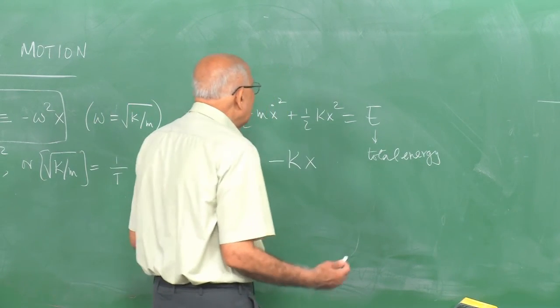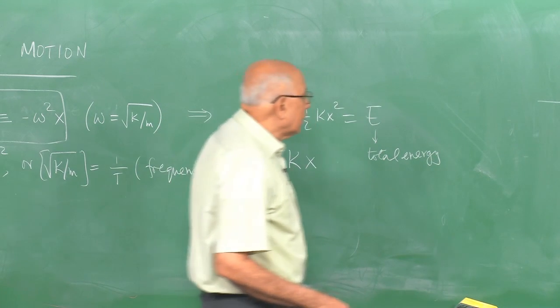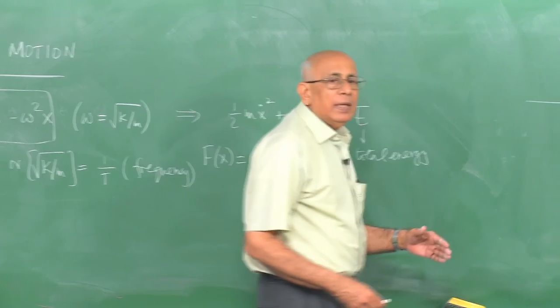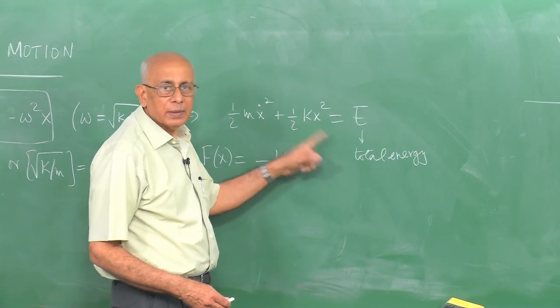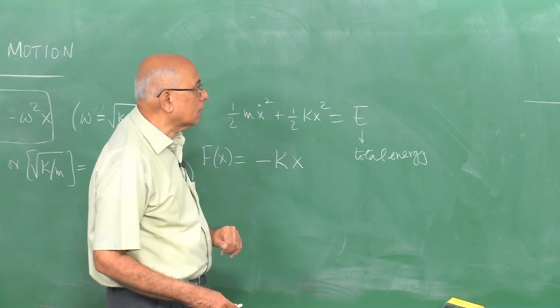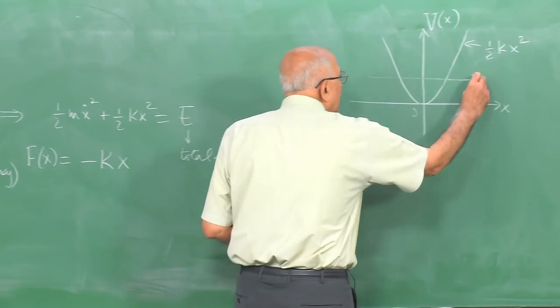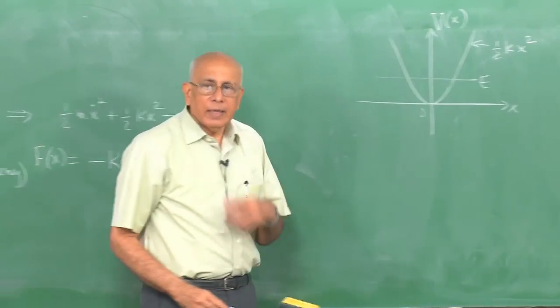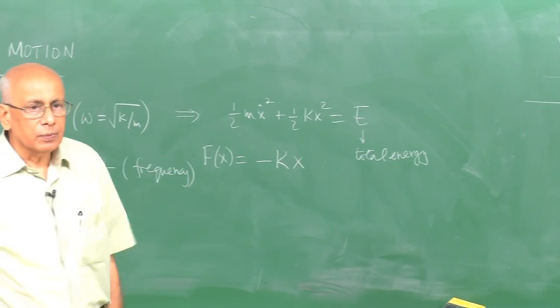And now you can see what is going to happen even without solving the equation of motion. First of all, E cannot be negative because it is the sum of two squares here, and m and k are positive constants. So E has some value like this, for instance, and this is a constant. For a given initial condition, the total energy is given some positive value.